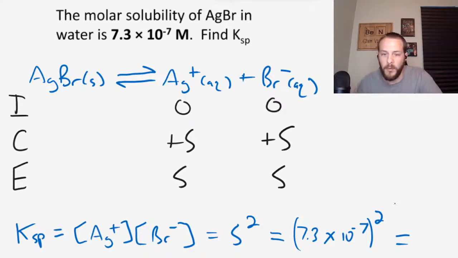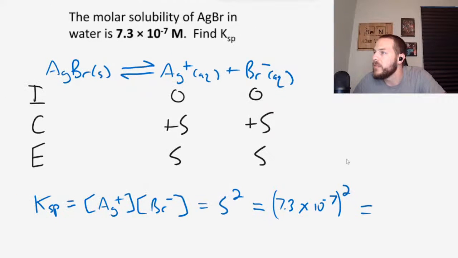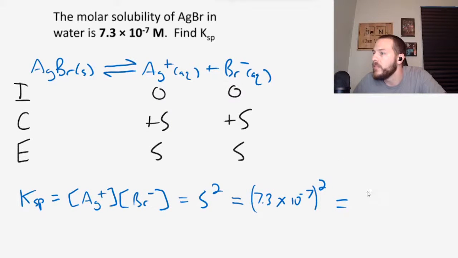It looks like I've run out of room, so let me shrink this down a little bit more, give myself some room here. 7.3 times 10 to the minus 7 squared. So again, if you brought your scientific calculator with you, you can follow along with me while I bang out this calculation real quick. 7.3 times 10 to the minus 7, and that is squared.